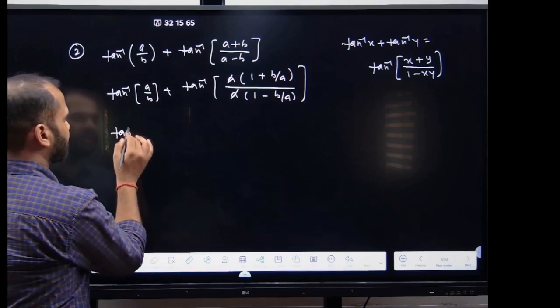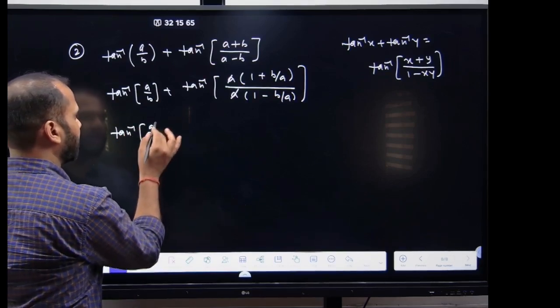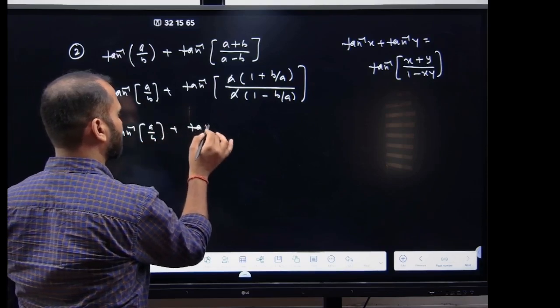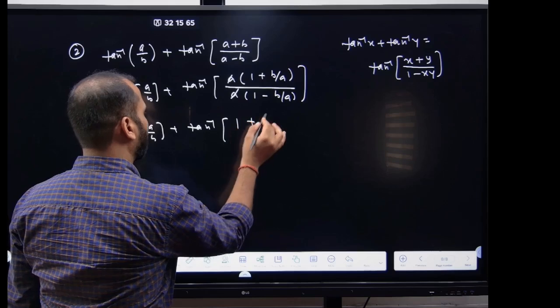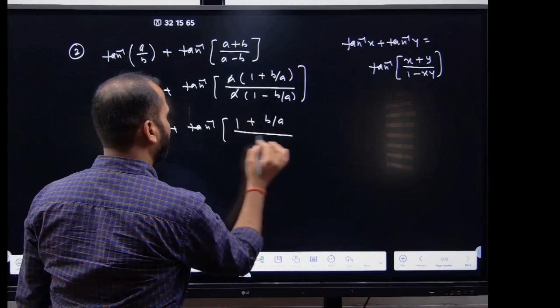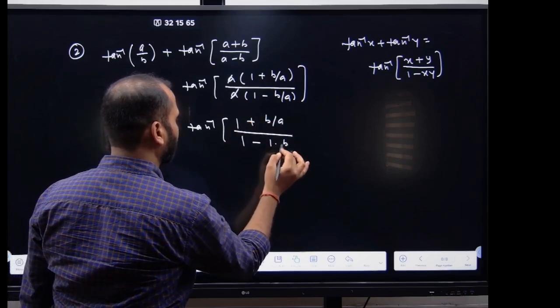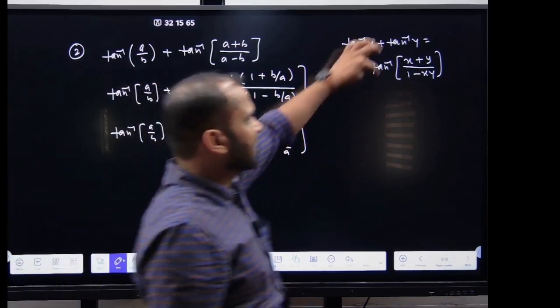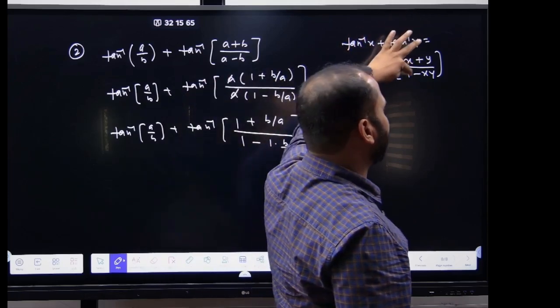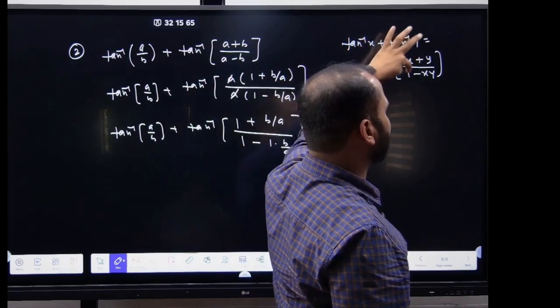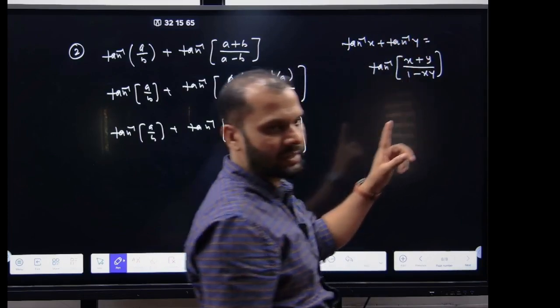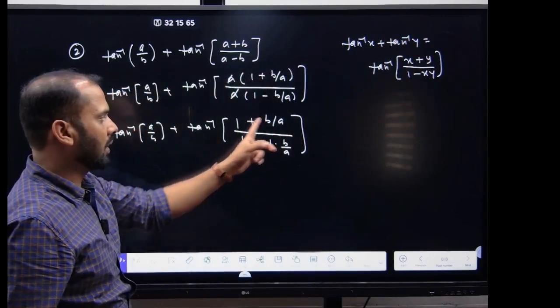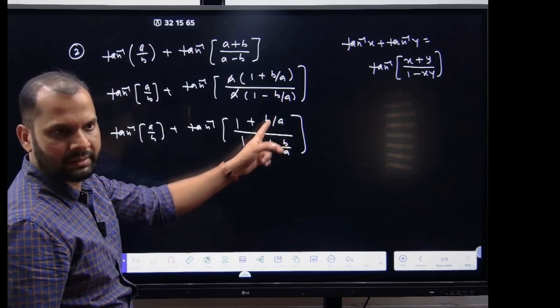Now, tan inverse, this is nothing but A by B plus tan inverse. This is 1 plus B by A divided by, can I write like this, 1 into B by A? Yes, no. Because in this format it should be A plus B divided by 1 minus AB. So, x plus y divided by 1 minus. What is x and y then? X is nothing but 1 and y is nothing but this. Correct?